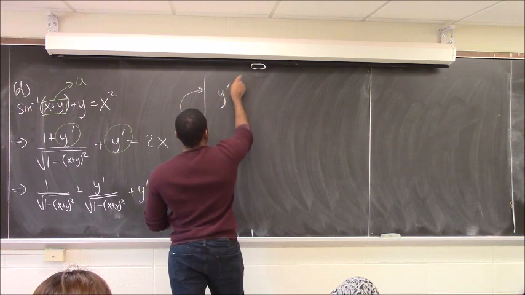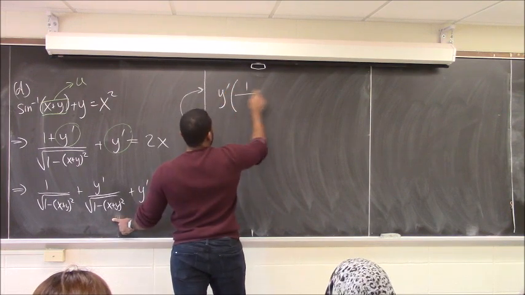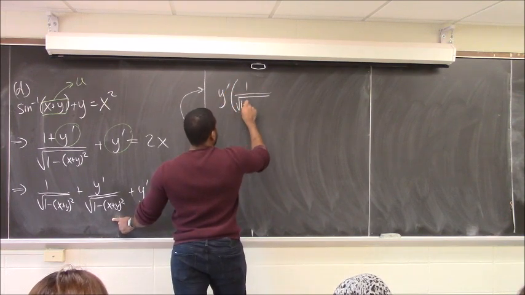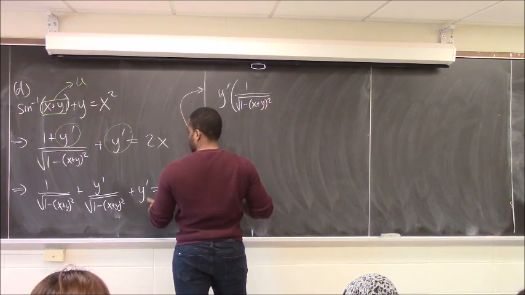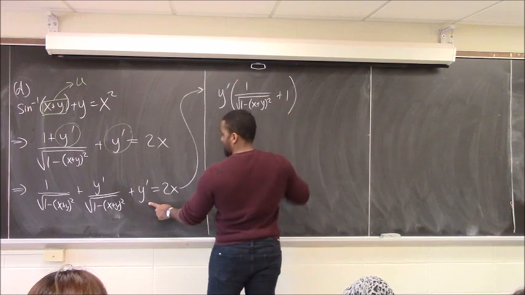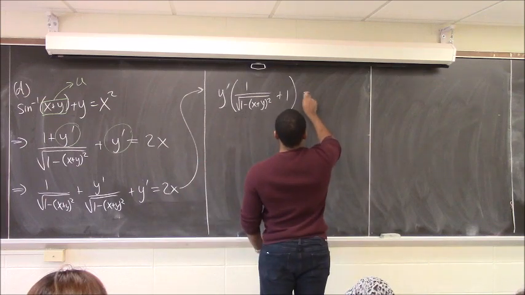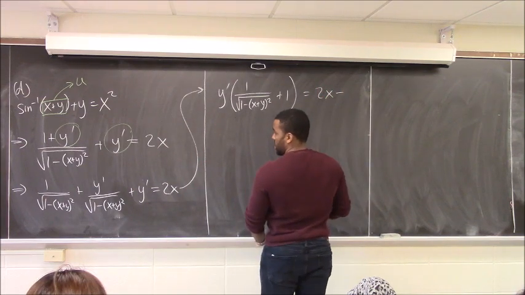So here we have y prime times this guy, and then bring all the other guy to the other side.